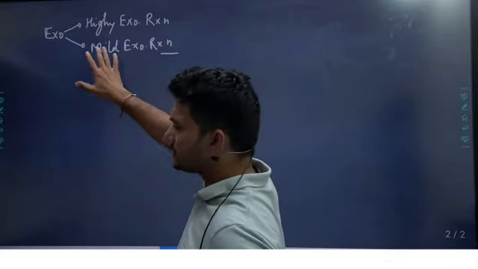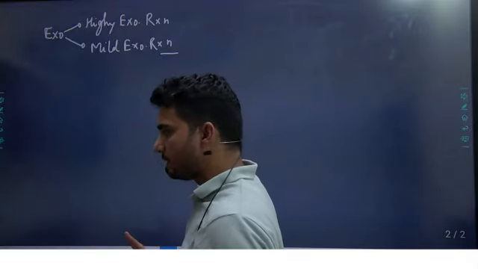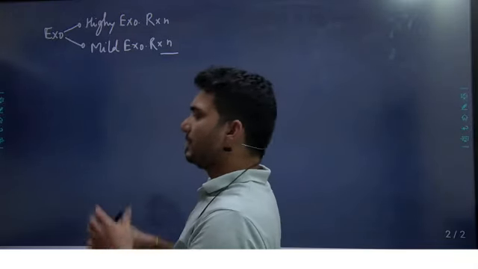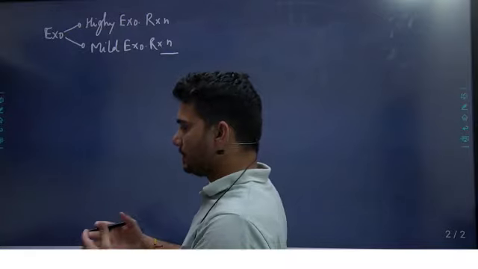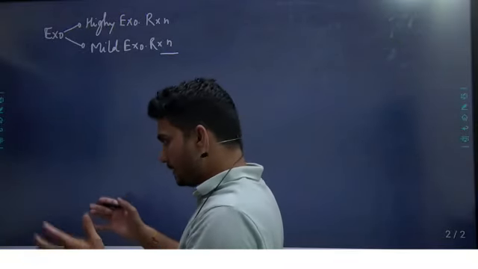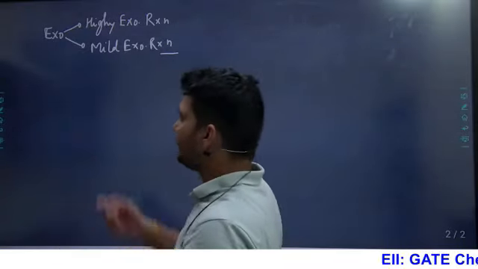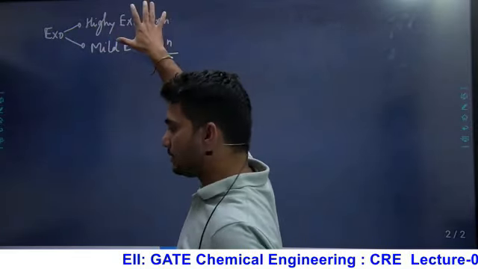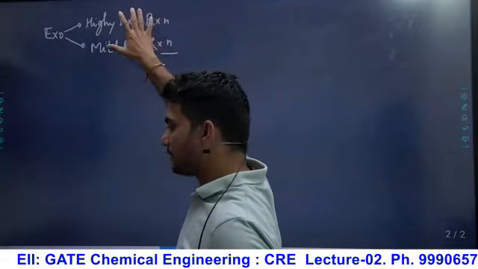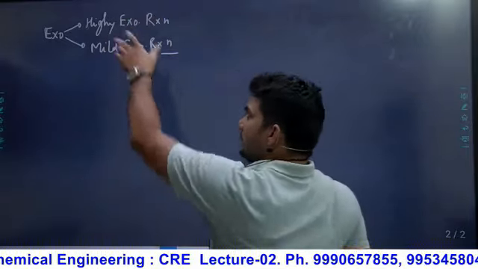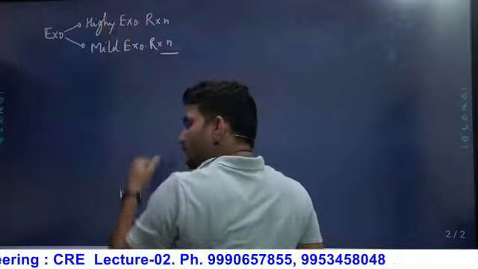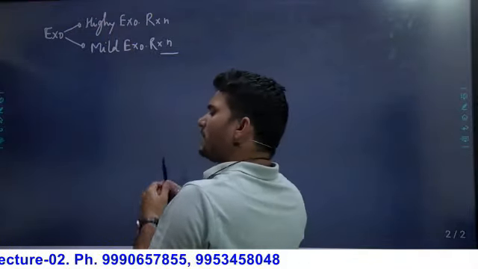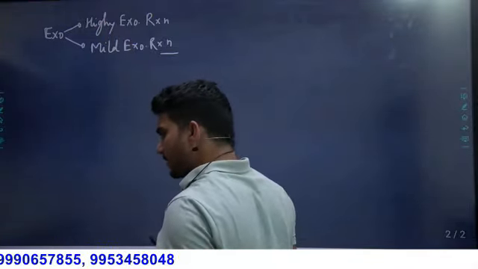For a mild exothermic reaction, we can easily remove the heat from the reaction vessel with the help of a jacket around the reactor. Means by external means we can easily remove the heat. But for a highly exothermic reaction, we can't remove all the heat because it is very highly exothermic. So in this case what will happen?